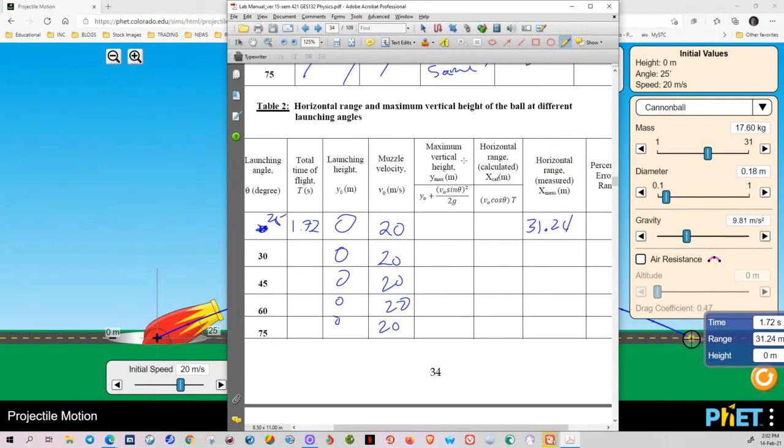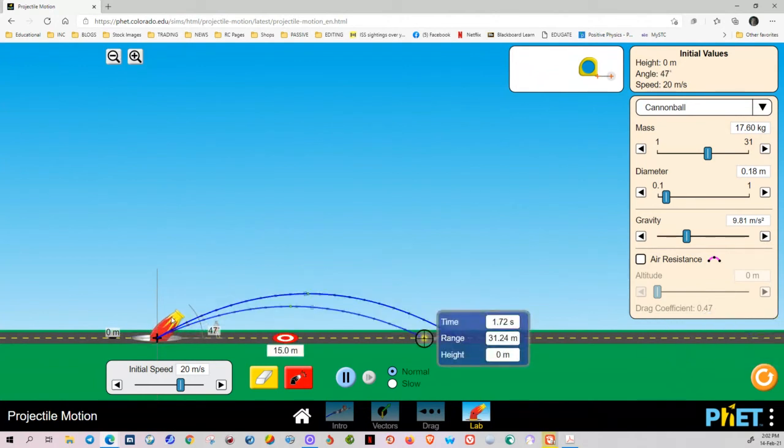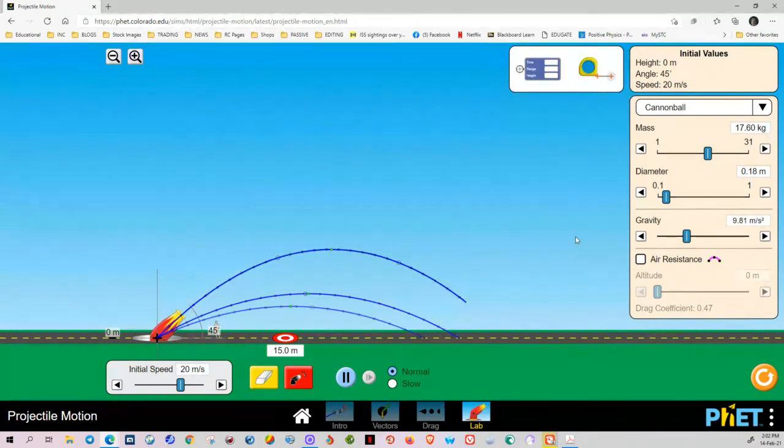So what you will do after you've recorded 25 degrees, okay? Change the angle. What's the next angle that we have? 30 degrees. Fire the cannon. Make your measurement, okay? But then 45 degrees. Fire and measure.